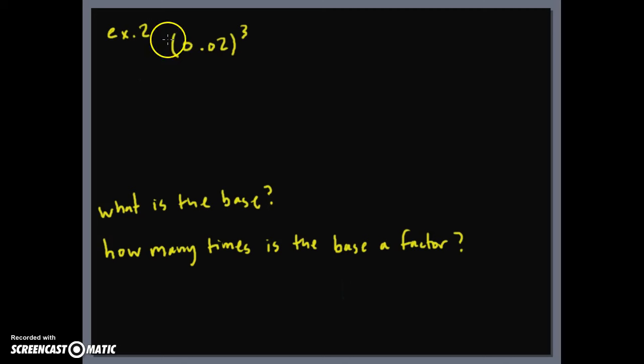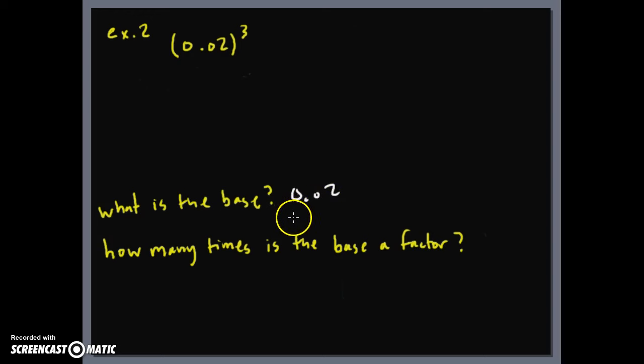Example number 2. So here we now have a decimal that is being taken to the third power. So what is the process for taking decimals to the powers? Well, let's identify the base here. The base here is 0.02.